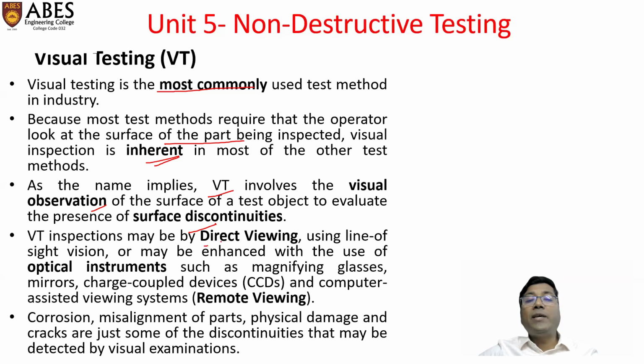It may be direct viewing using line of sight vision or may be enhanced with the use of optical instruments such as magnifying glasses, CCDs, charge coupled devices, or computer assisted viewing systems like remote viewing. Corrosion, misalignments of parts, physical damage, and cracks are some of the discontinuities that may be detected by visual examination.